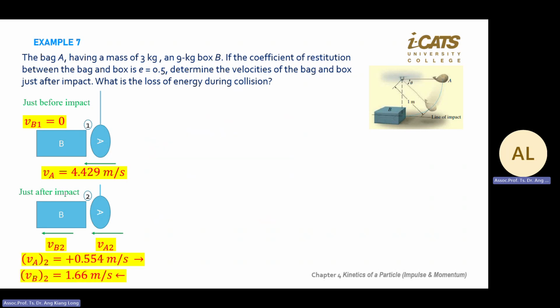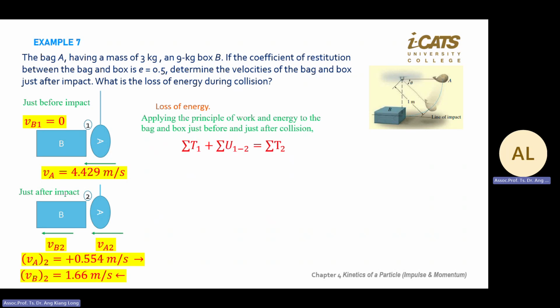Okay, once you have these values VA and VB, the question asks you for the loss of energy. Loss of energy, basically you use conservation of energy, before equal to after. So you have T equal to work. This one is a chapter 3 question.